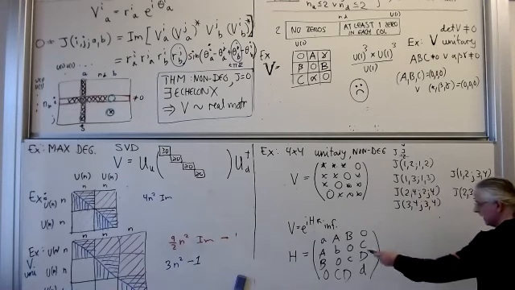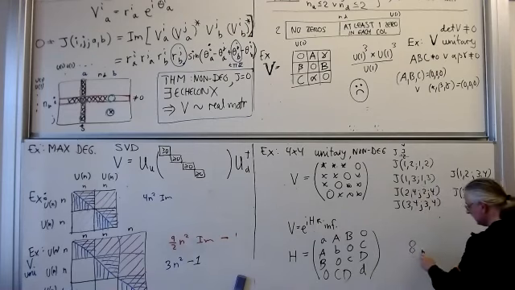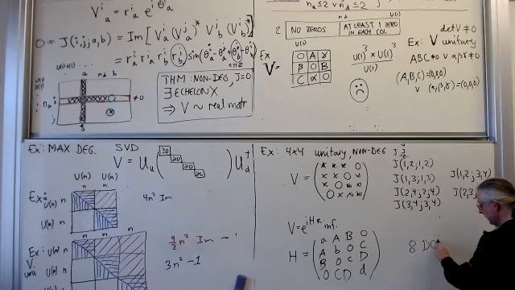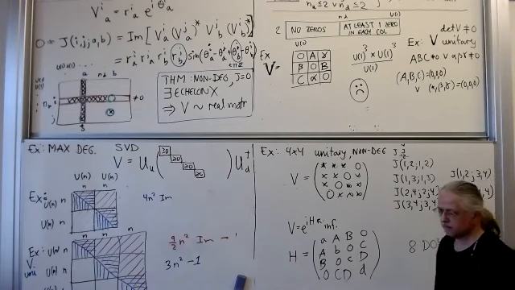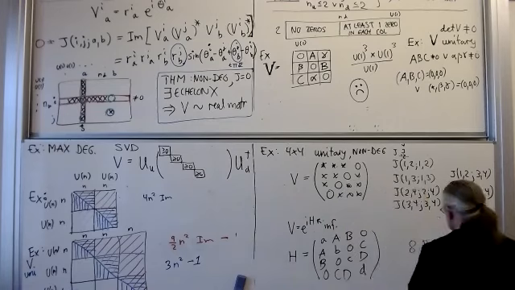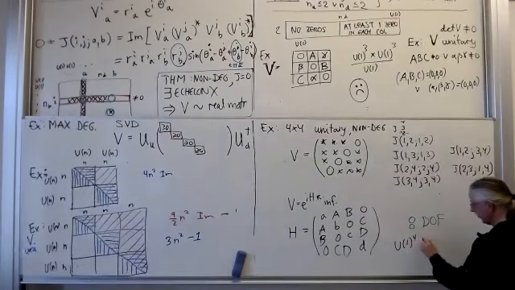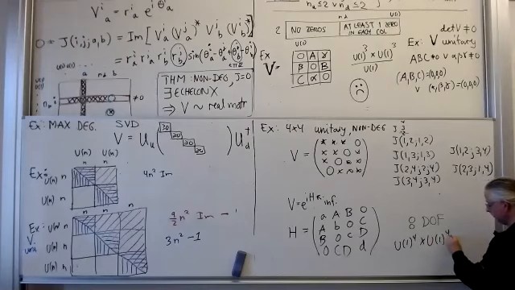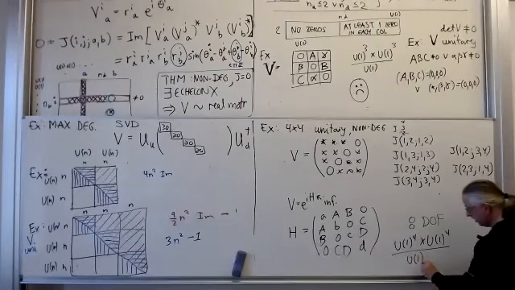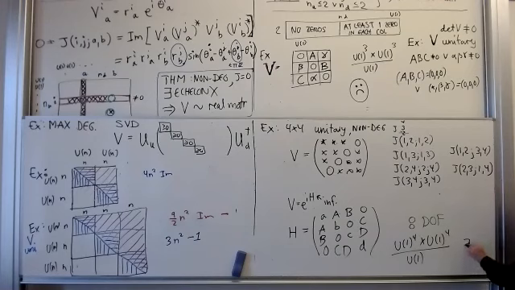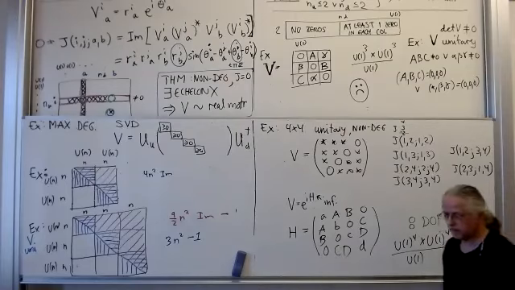So h has 8 real degrees of freedom, but the symmetry group is in this case U(1)^4 times U(1)^4 over U(1). So there's only 7 degrees of freedom. So in this case, it's also not possible.